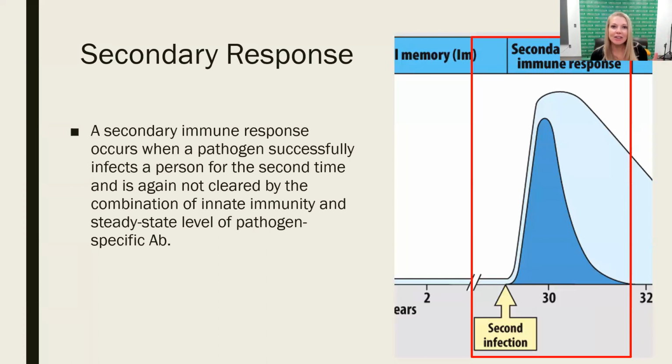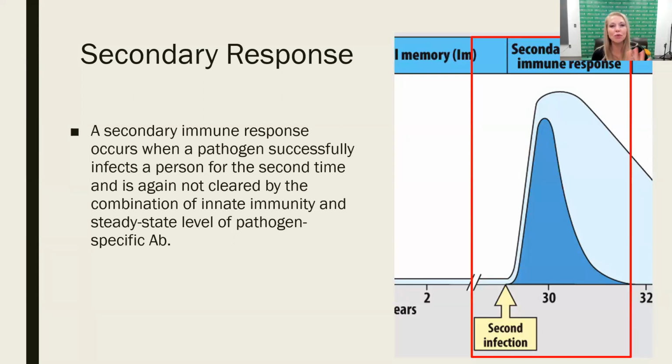So the secondary immune response occurs when a pathogen that has already successfully infected a person once gets in a second time, or third, or eighth, whatever it might be.